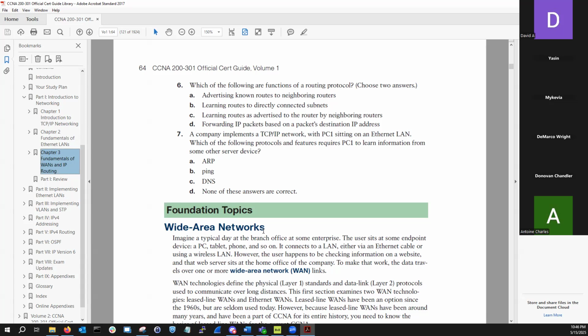I mean, no, it needs a routing protocol, whether it be like RIP or OSPF. So it is it.